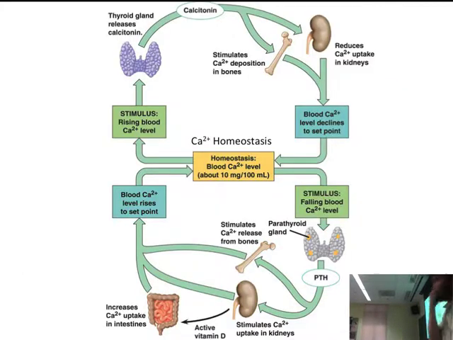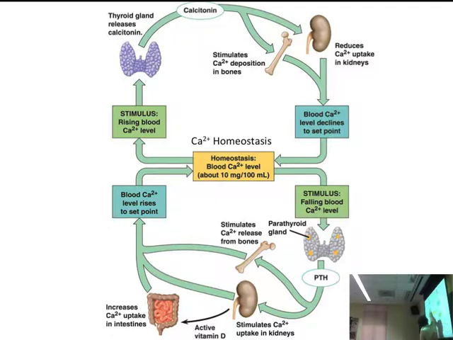Right, so here is probably a little bit better diagram. Here's the normal level. It's the same as the last slide. I was trying to find a slide that actually showed it well. So here is a normal level, about 10 milligrams per 100 milliliters of calcium in the blood.